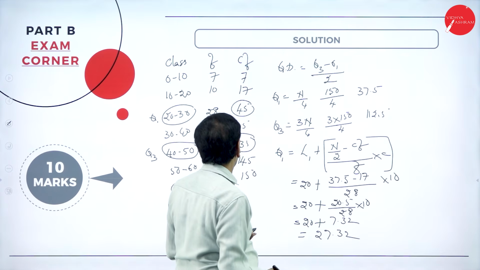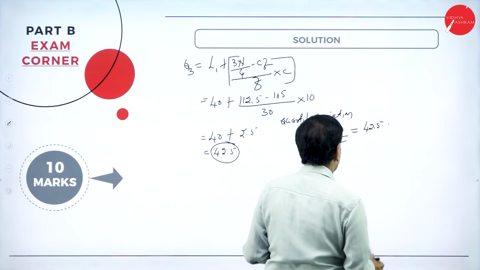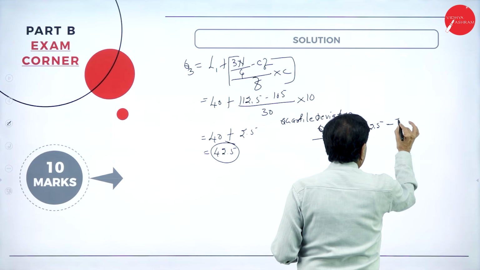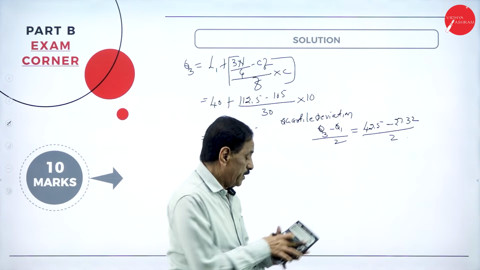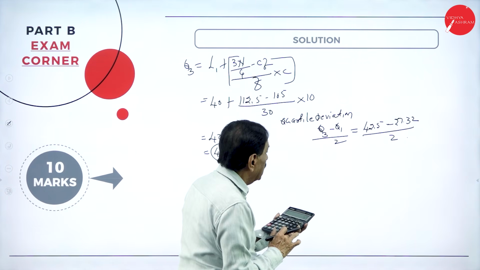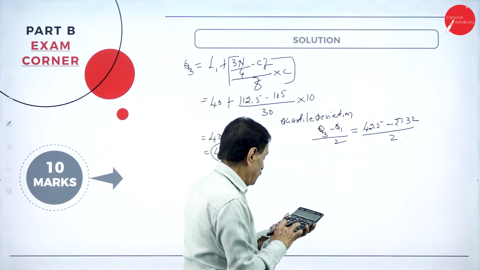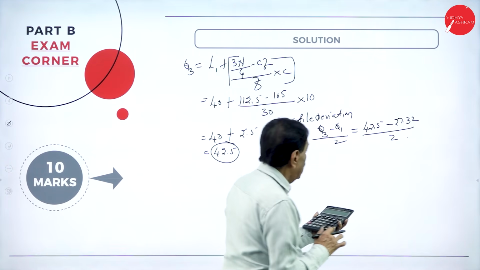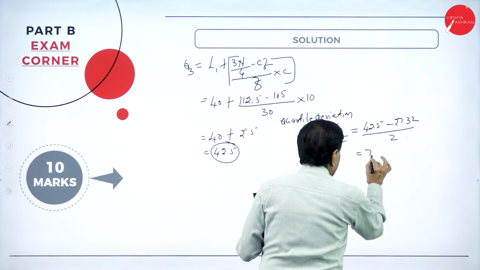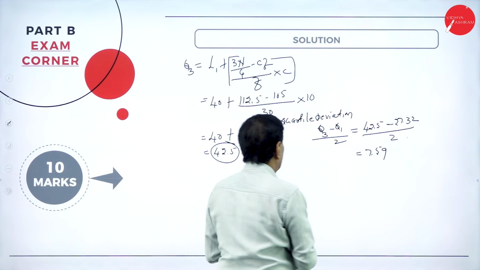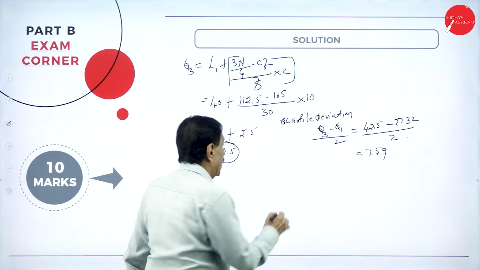What is your Q1? 27.32 divided by 2. 42.5 minus 27.32 divided by 2, 7.59. This is quartile deviation.